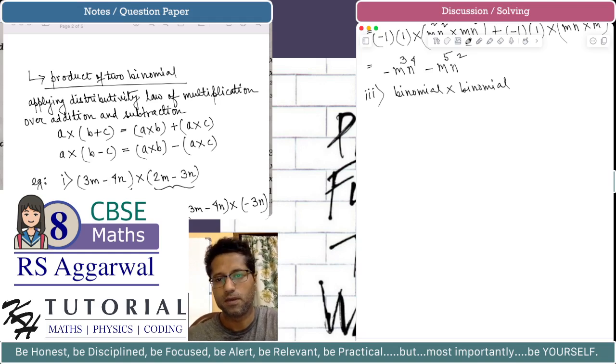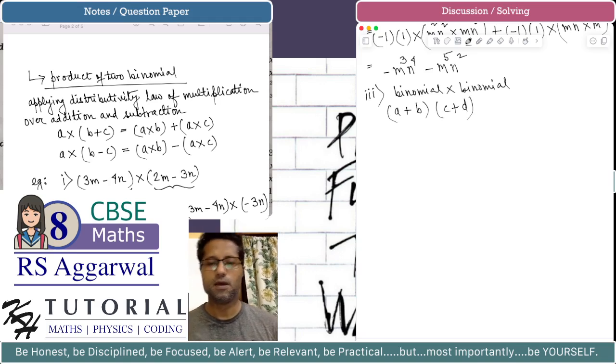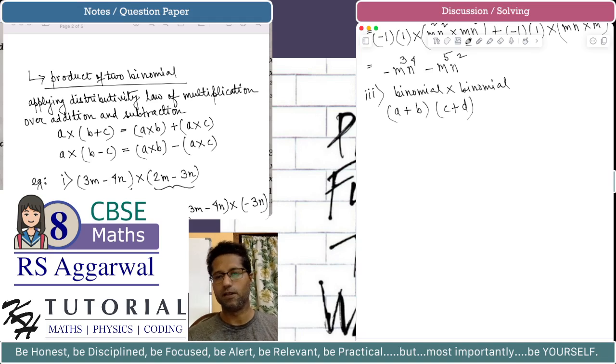How? Let's say we have a binomial, a plus b, multiplied by let's say c plus d, where a, b, c, d could be numbers, constants, a single variable, that is a literal, such as x, y, z, or they could be some terms, or even algebraic expressions.